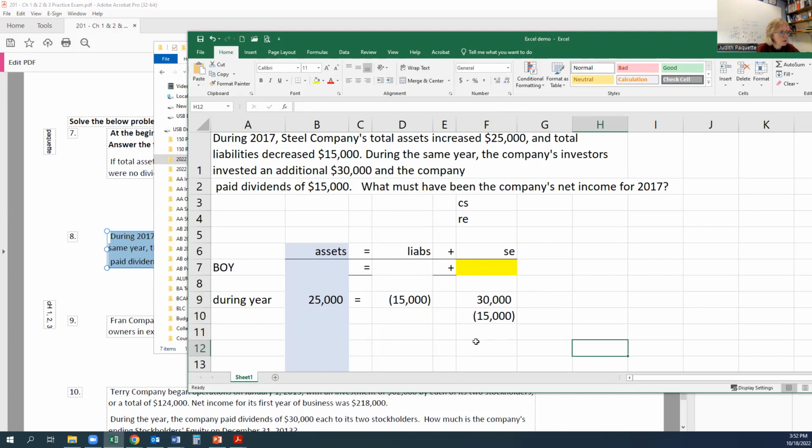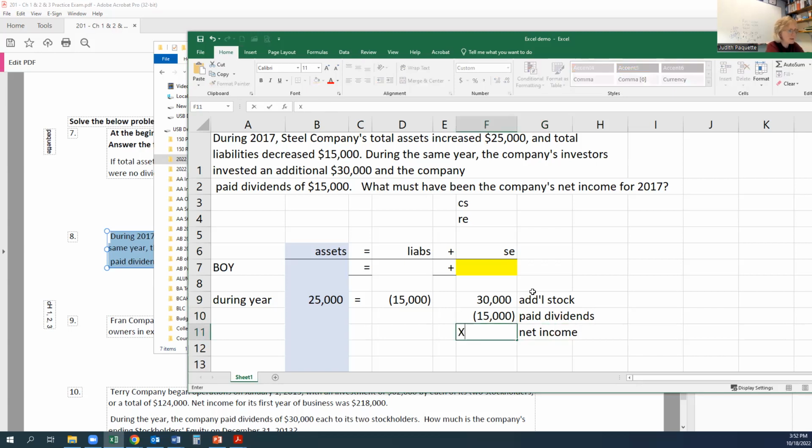So we know that we had additional stock. I'm just going to write this description. We know that the company paid dividends. And then the question is, what is net income? We don't know that one. That's our unknown.